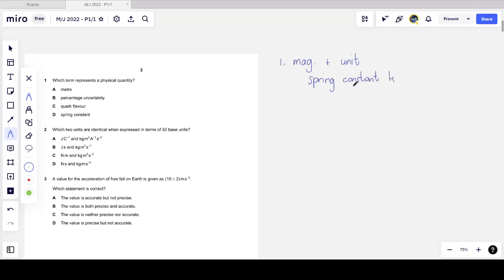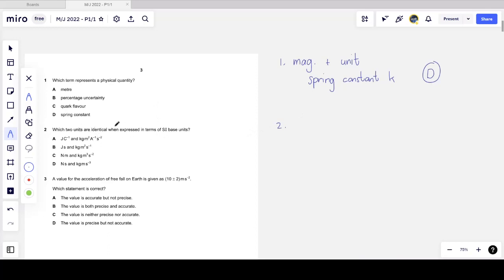We can measure it with a magnitude and we can measure it in newtons per meter. So it has a unit as well. And so the correct answer there would be D. Always just make sure you're going back to your textbook, going back to your notes to understand what these terms mean. You still need to understand definitions if you're going to go through paper 1.